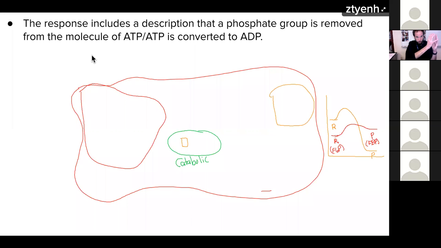And it's being transferred through that phosphate group, right? The phosphate group is binding to F6P, and it's making a molecule of FBP that has more energy associated with it. Okay, so again, something like the catabolism of ATP releases a high energy phosphate group. The phosphate group transfers energy to fructose 6-phosphate to synthesize a molecule of fructose 1,6-bisphosphate that has more energy associated with it. Something like that.